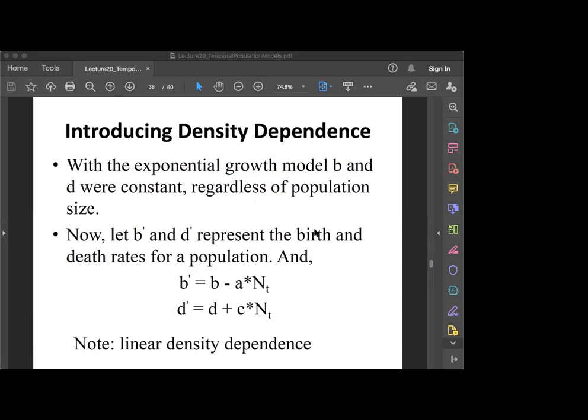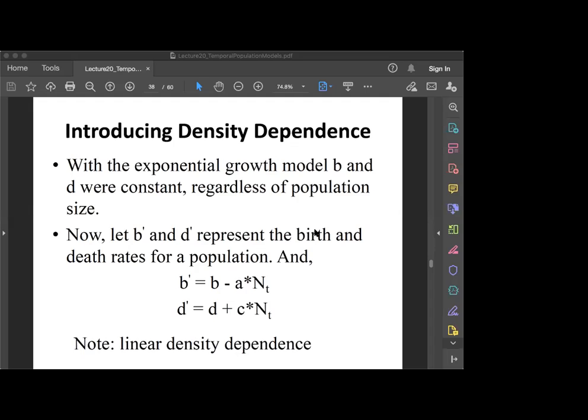So last week we started talking about temporal population models. And we talked about intrinsic growth rate, finite rate of population change, how those are directly linked, how those fit into the exponential model and how we can derive those from the exponential model, and how we can derive them directly from the BIDE model if we assume no immigration or emigration.